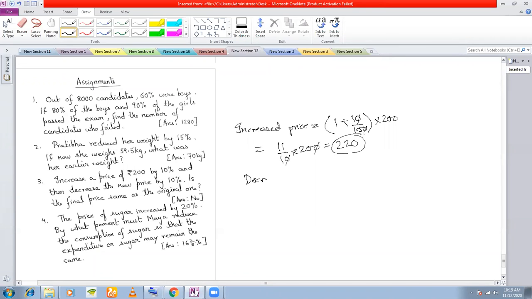So now the decreased price. Decreased price is 1 minus 10 by 100 into the increased price, because first we are increasing and then the same quantity we are decreasing. So this becomes, if you take the LCM, 10 minus 1 by 10 into 220, it's 9 by 10 into 220.